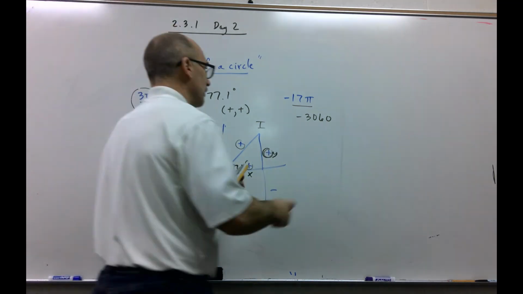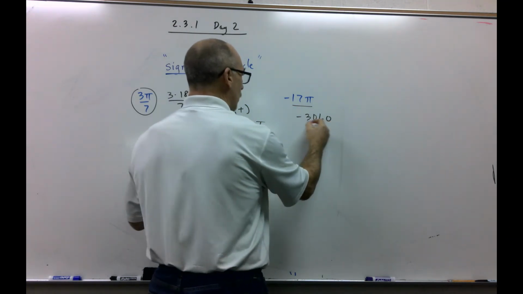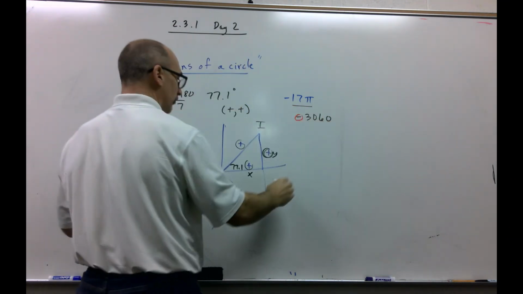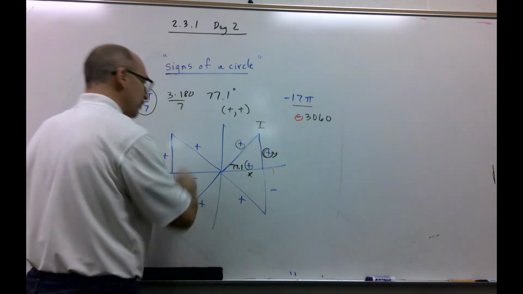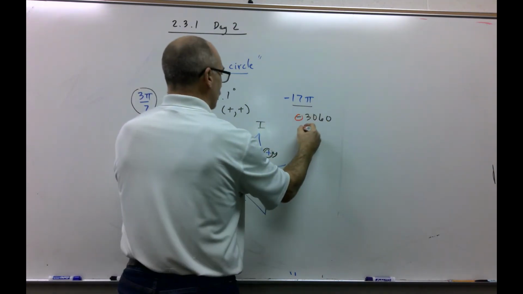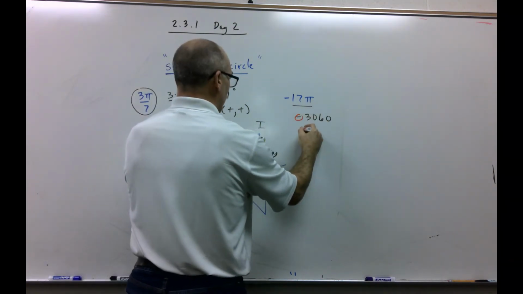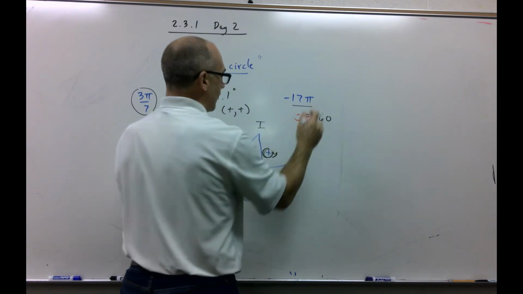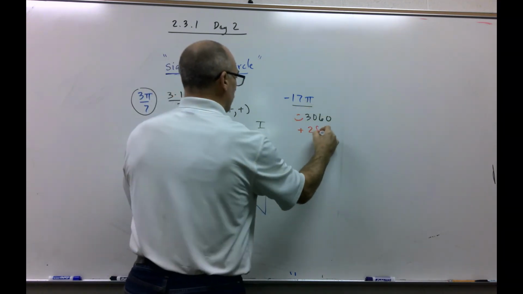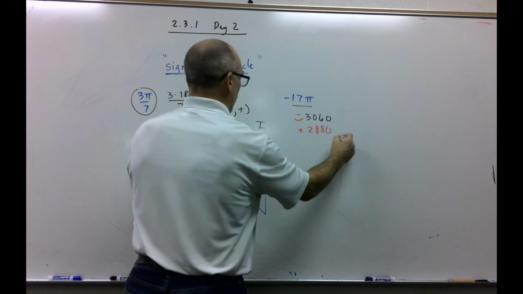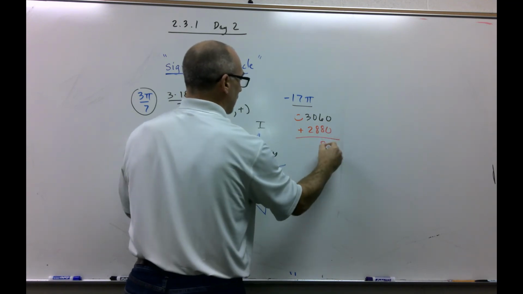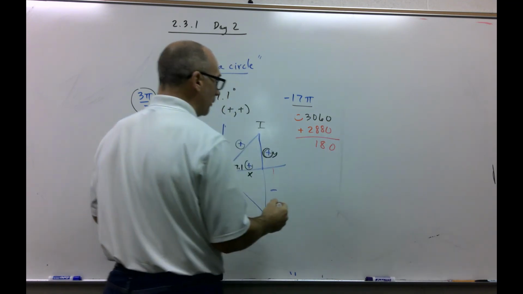I know I'm going down, so I have to go around 360, 8 times in a negative direction. Actually, I'm going to take that negative off. I don't want to confuse you, but 2880.